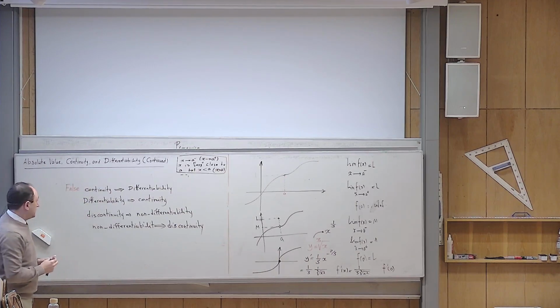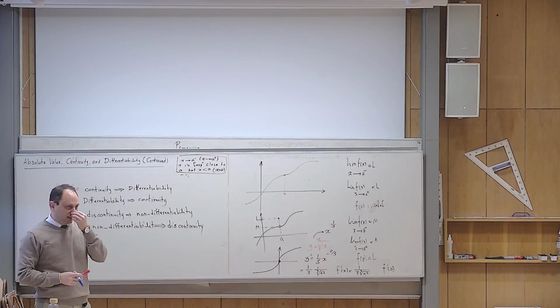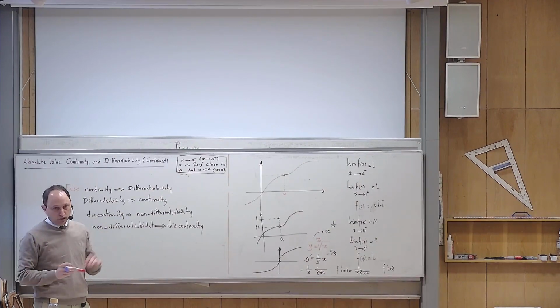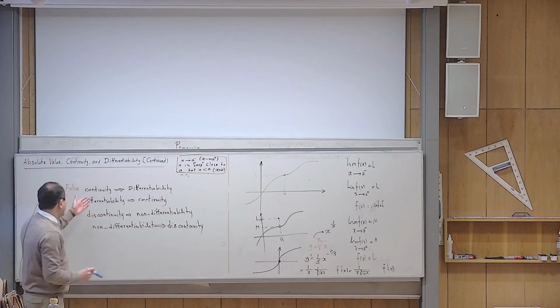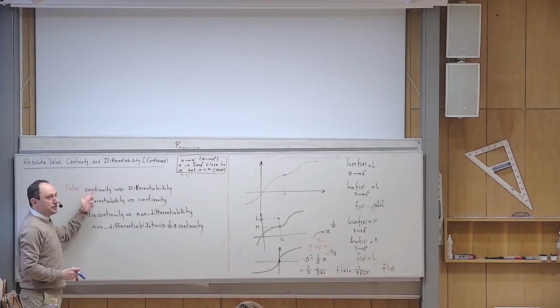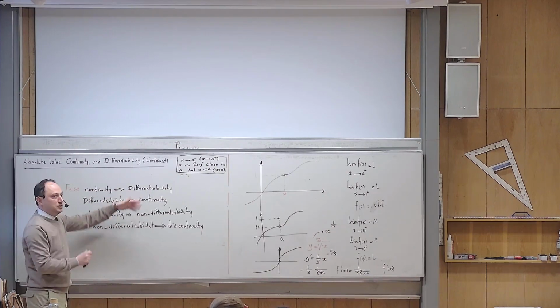Okay, differentiability implies continuity. Or you mean locally or globally? I'm talking about locally, because differentiability is at a point, and continuity is also at a point. If the function is continuous at a point A, is it differentiable at a point A?